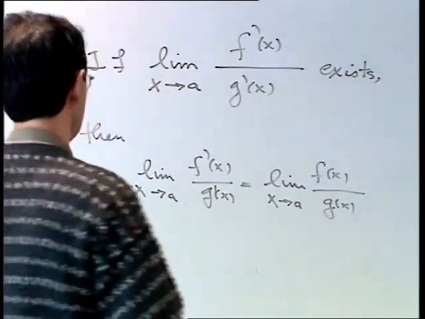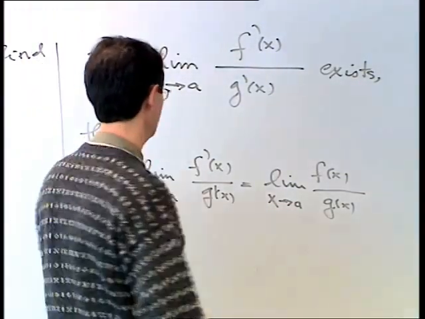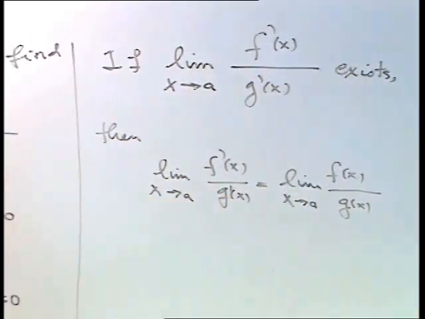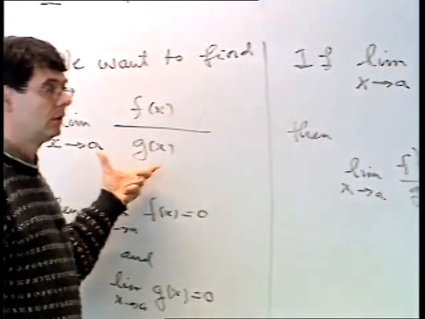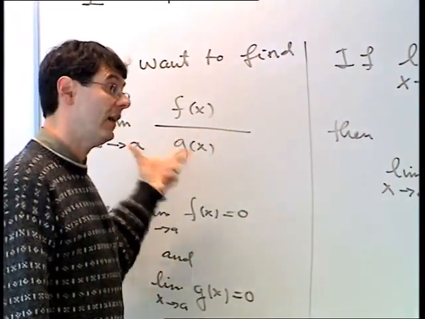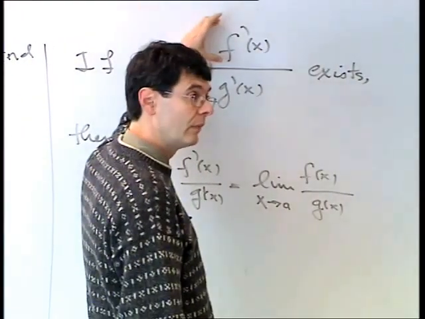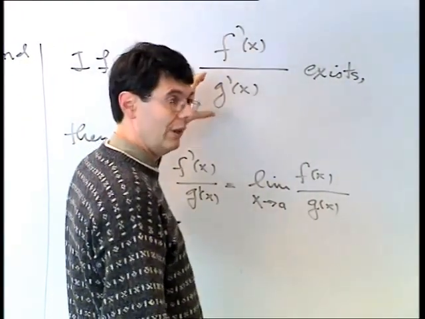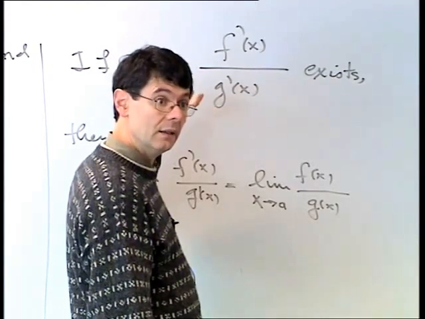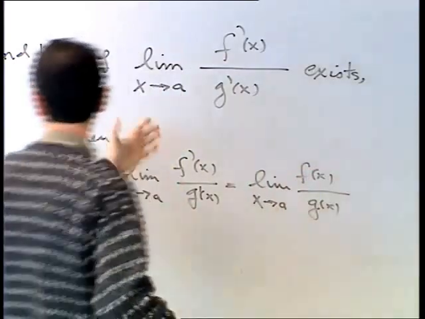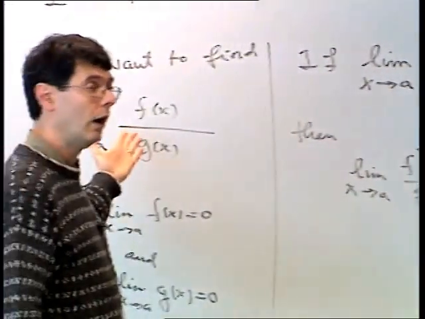So it is giving you an alternative to finding the limit you want. And what is it saying? It says, look, go in the numerator and take a derivative. Then go in the denominator and take a derivative. Okay? Find the limit of that. And it's going to be equal to the limit you're looking for.